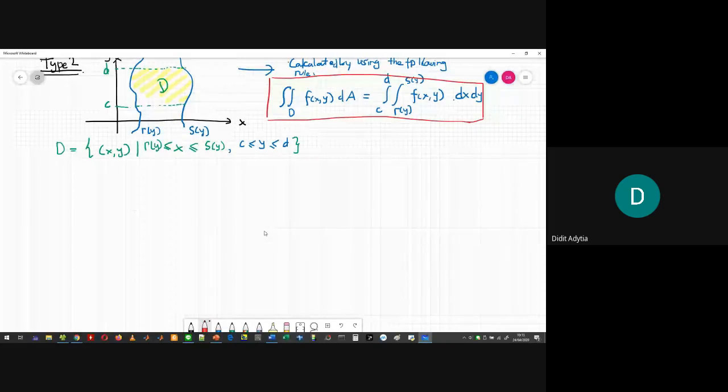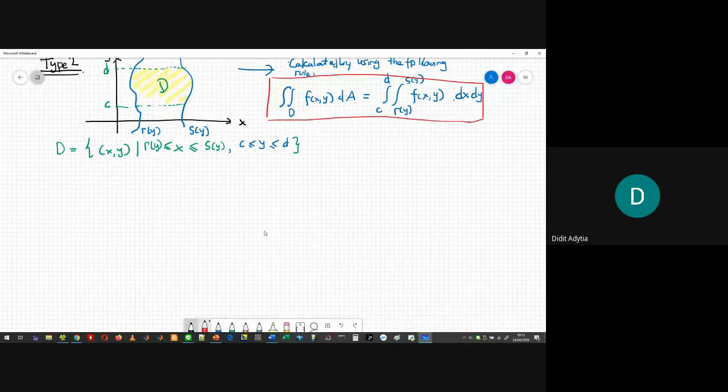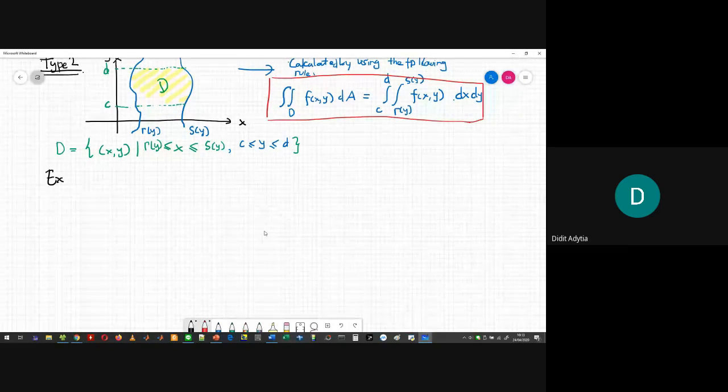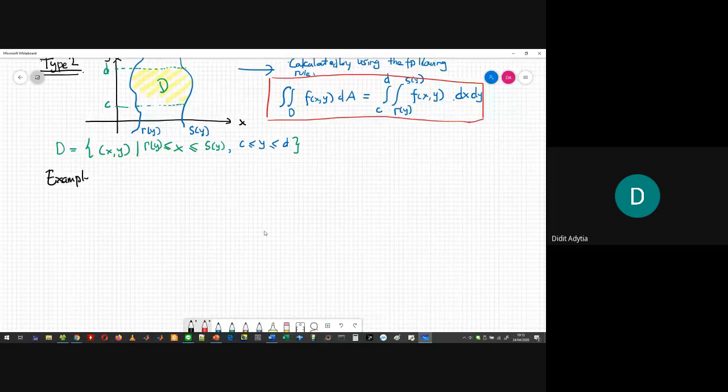Example 1. Okay, this is example number 1. Calculate the double integral.